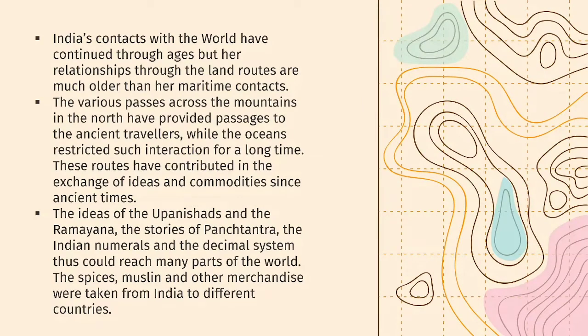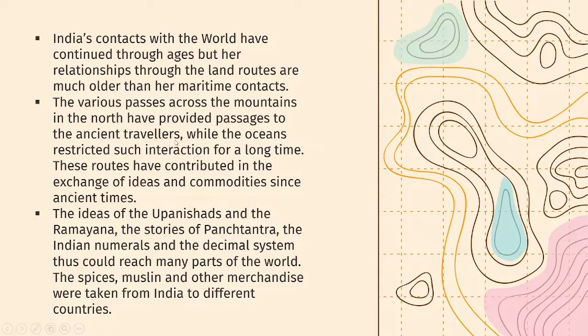India is a central point, because it helps in transportation, trade and commerce, etc. When we look at the past, India had larger contact through sea routes and land routes. The various passes across the mountains in the north provided passages to the ancient travelers.